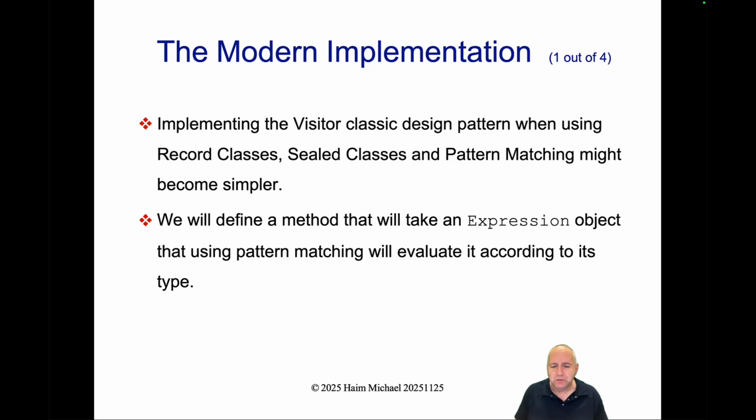Now let's see how we can easily implement visitor by using record classes, sealed classes, and pattern matching. We will start by defining the interface expression and then multiple classes that implement expression, either directly or indirectly. Then we will define a method that can take an expression object and perform the correct operation for that specific object according to its type.